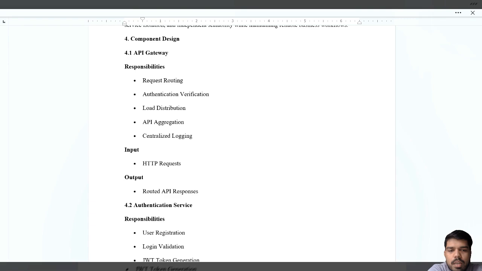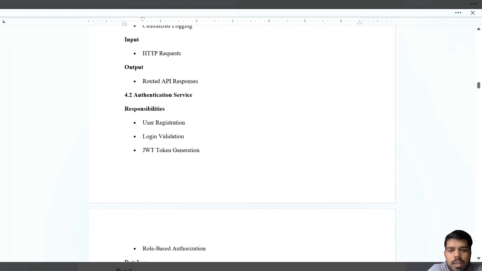Its responsibilities include request routing, authentication verification, load distribution, API aggregation, and centralized logging. Instead of exposing all services directly to the user, the API gateway acts as a secure intermediary between them. This improves both security and maintainability.